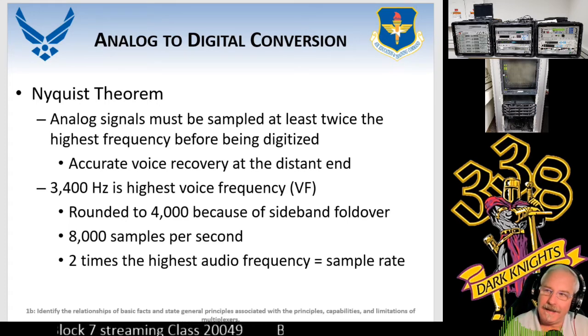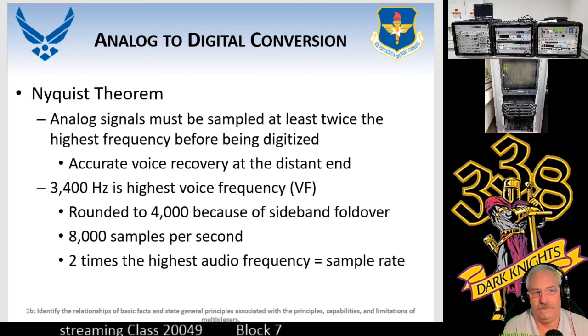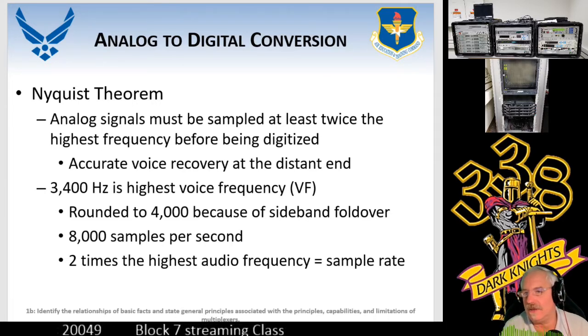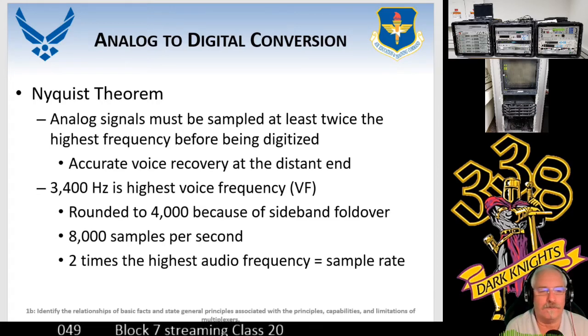Any more than 8,000, he had problems called fold-over distortion. And if you get into, I think it's called delta modulation, you would see that, because delta modulation cannot keep up with the frequencies.